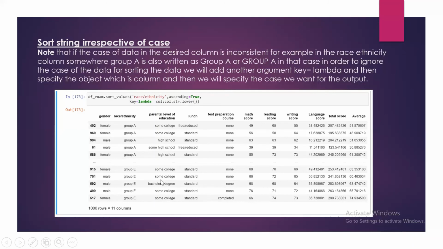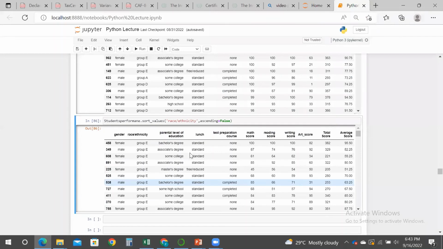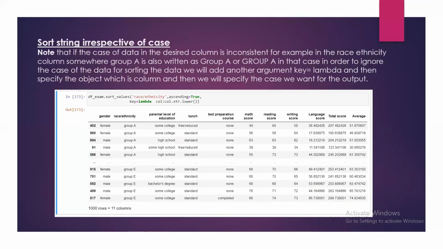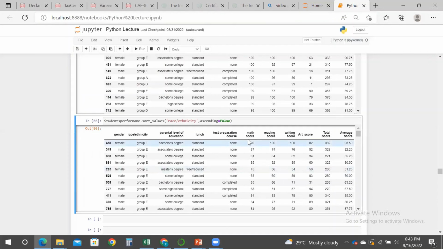Here there are no such instances, so we won't be noting any difference. But for the sake of applying the method, let's add the further argument, key equals lambda.